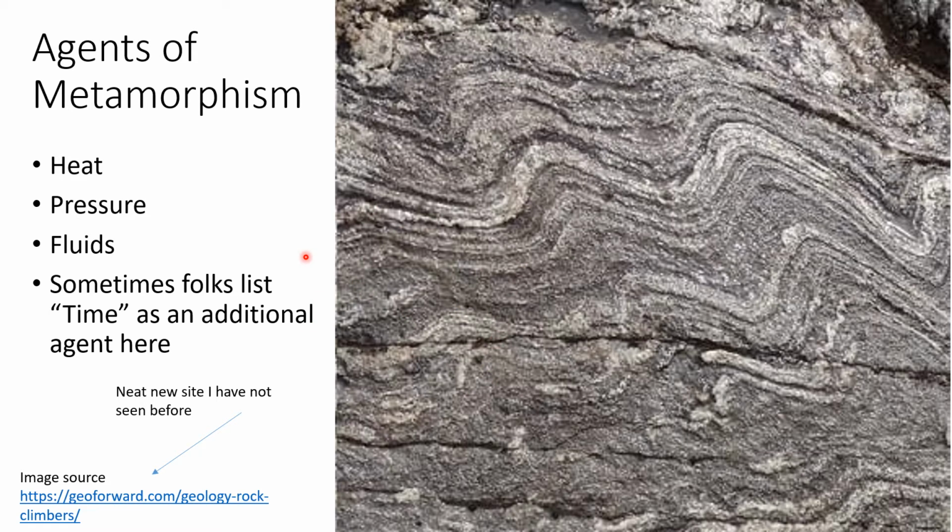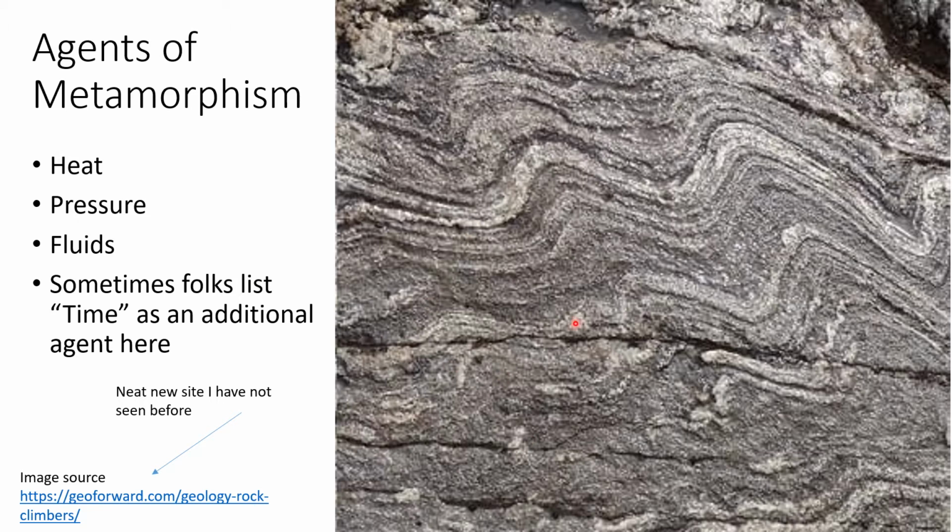But think about at Yellowstone, how you've seen the geysers. Well, that hot steam and water coming up through there has all kinds of aggressive chemicals in it as well. And those things cause changes in the rock that they're percolating through. And that can be an agent of metamorphism also.